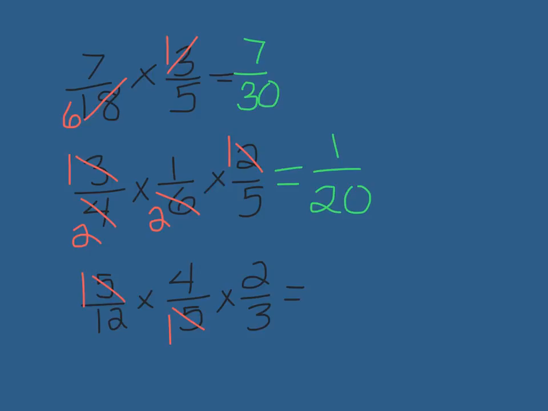I think I'm going to do my 4 to go with the 12. 4 goes into 12 3 times, and 4 goes into 4 one time. So now I have 1 times 1 times 2, which gives me 2. And on the bottom I have 3 times 1 times 3, which equals 9. So 2/9 is that in simplest form.